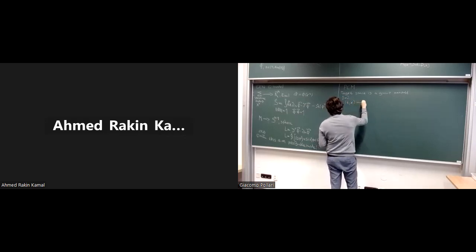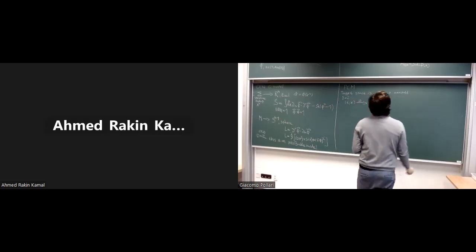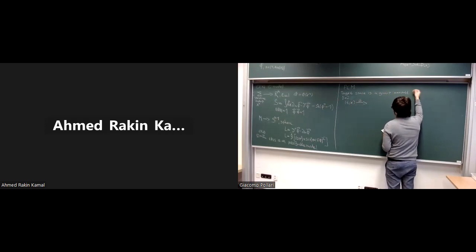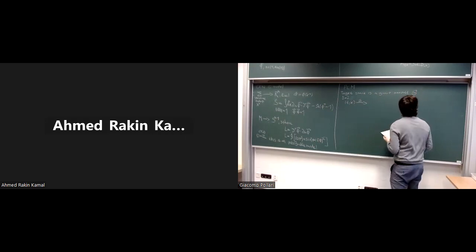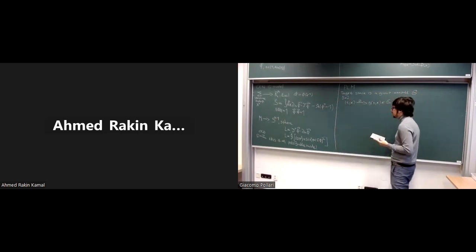So the map I'll call small g, like a group element, and the group I will call calligraphic G. So this is the map, and this is some group element.